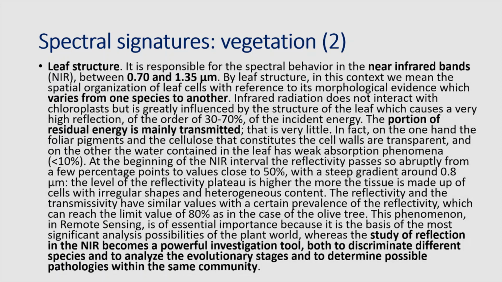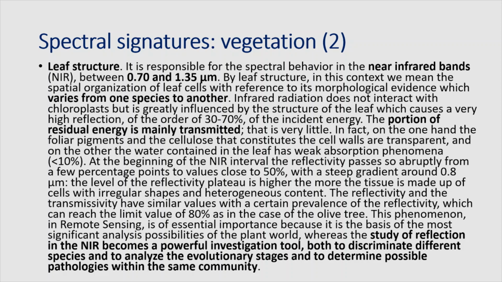The second particular parameter that is involved in the reflectance, in the different reflectance and in the spectral signature of vegetation, is related to the leaf structure. It is responsible for the spectral behavior in the near infrared bands between 0.7 and 1.35 microns.